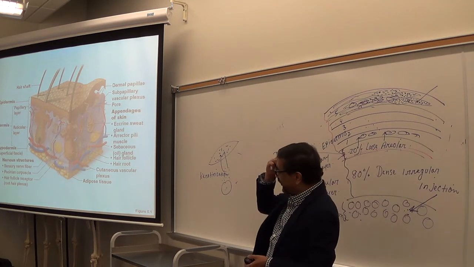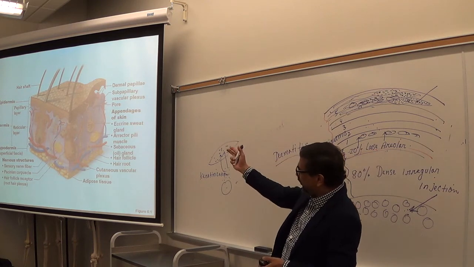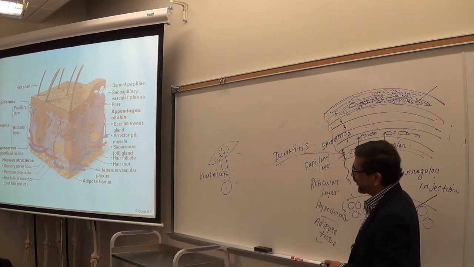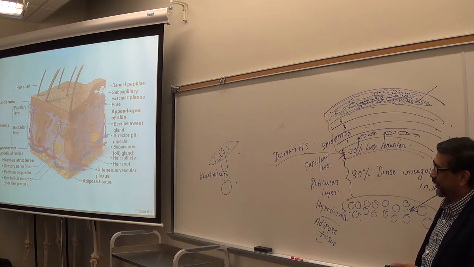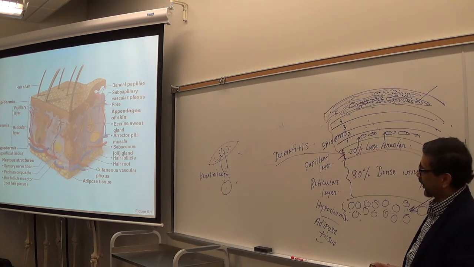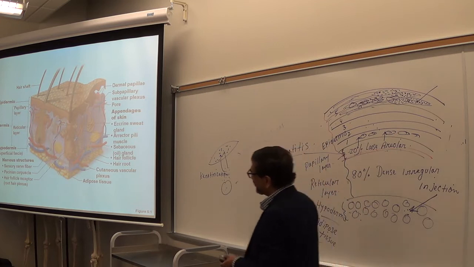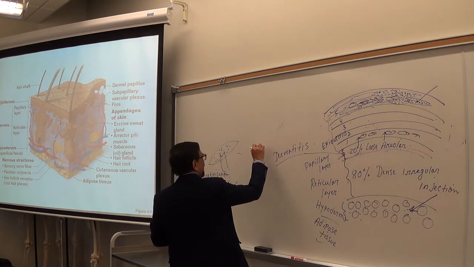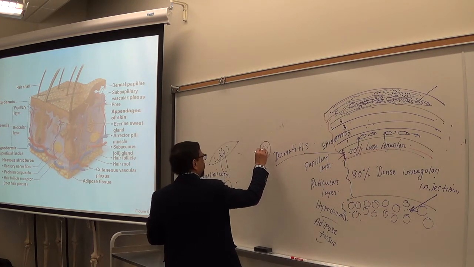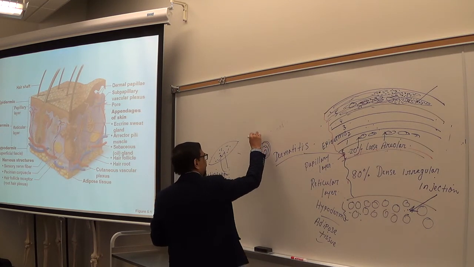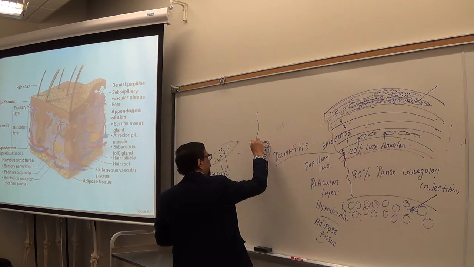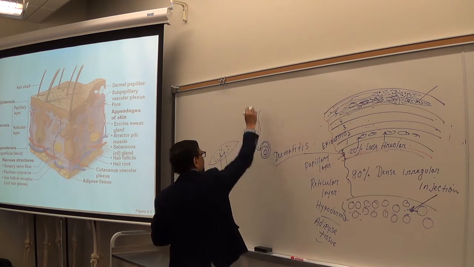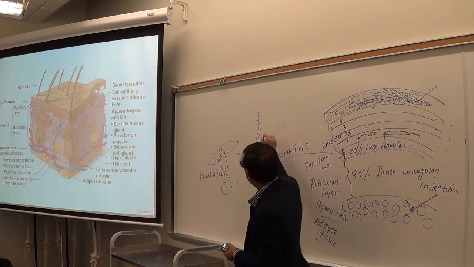Okay, now you see most of those structures I have mentioned are present in the dermis. What are the structures? You can see here two types of glands, sweat glands and sebaceous glands. Sweat glands are like a coiled tube, like this, and from that a tube or duct goes to the surface of the skin.